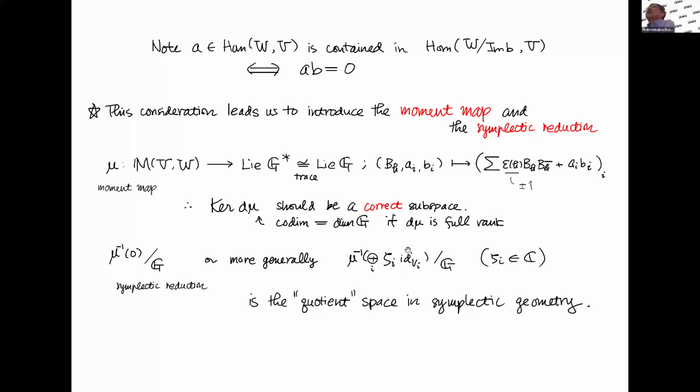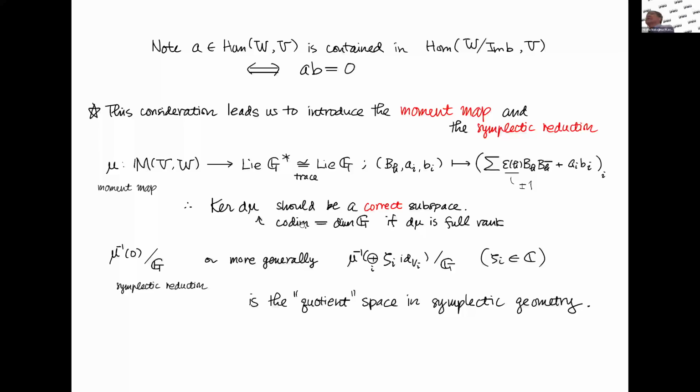Maybe I should also point out that for μ inverse of 0, you must check how μ changes under this conjugation action. If the moment map value is 0, then even if you change A and B by the conjugation action of G, the equation μ equals 0 is preserved.